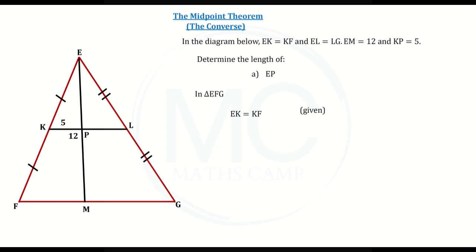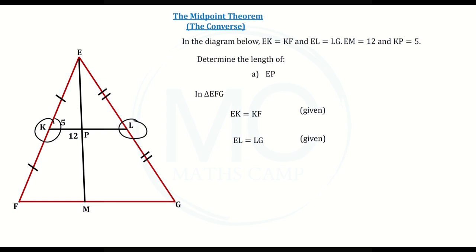We also know that EL is equal to LG. And again, we can use given as our reason. We know that according to the midpoint theorem, if K is the midpoint of EF and L is the midpoint of EG, then KL is parallel to the third side of the triangle FG.